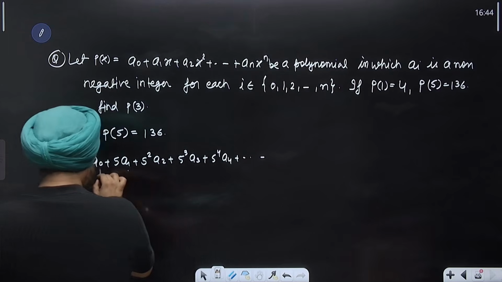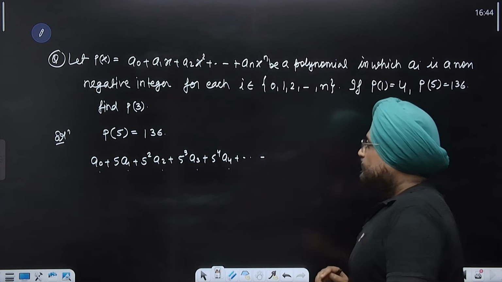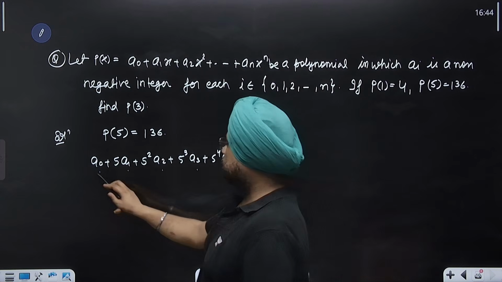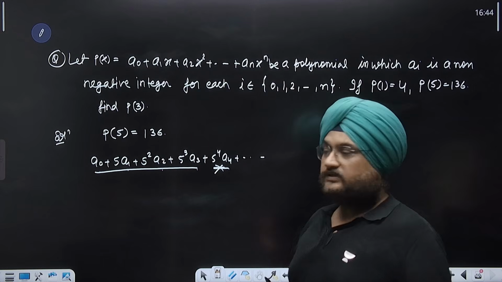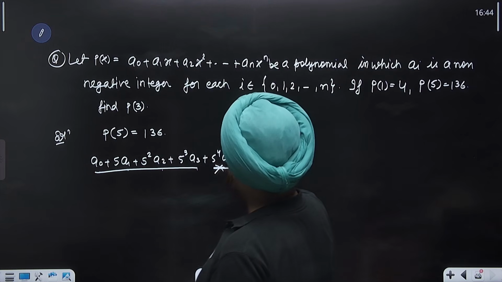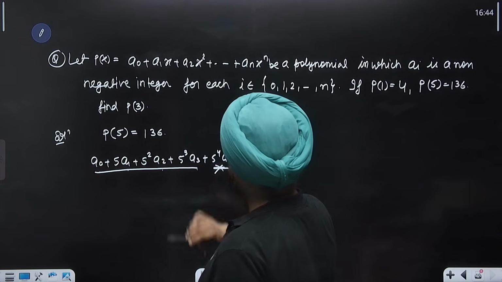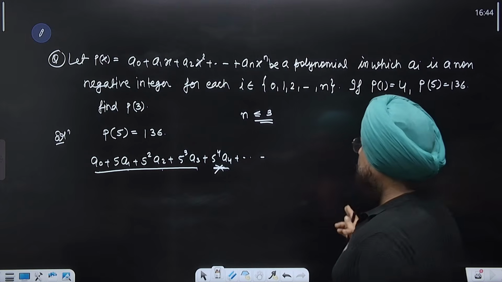See, a0, a1, a2, a3, a4 are all non-negative. So if P(5) is equal to 136, we can say that this term is not possible. So n will be less than or equal to 3. The degree of this polynomial will be either 3 or 2.